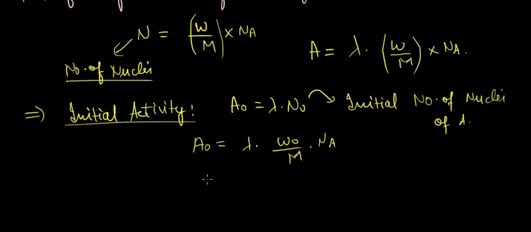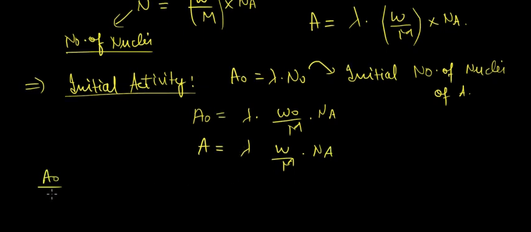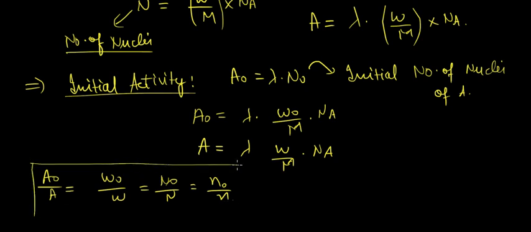And we also know that A equals lambda times N, which is W by M into Na. So if we take the ratio of A naught upon A, it would give us W naught upon W, which would also be equal to N naught upon N, which would also be equal to the number of initial moles divided by the number of moles at time t.